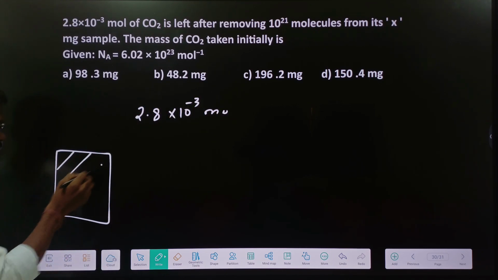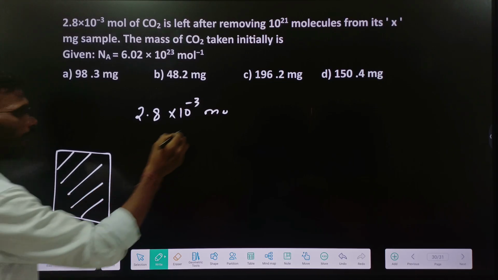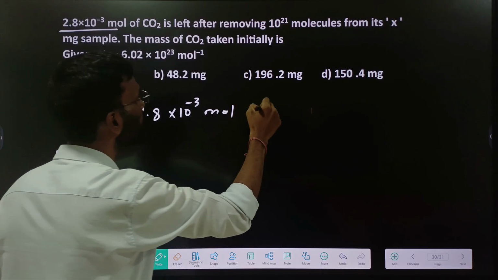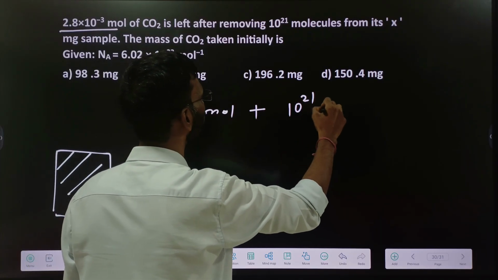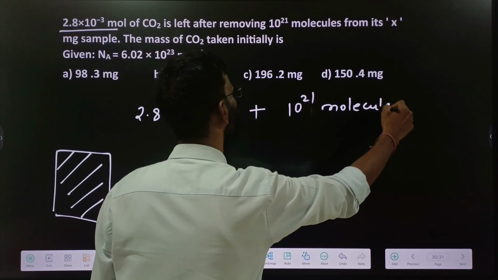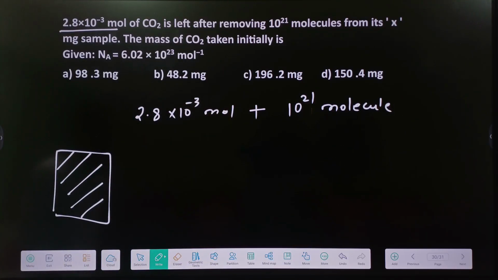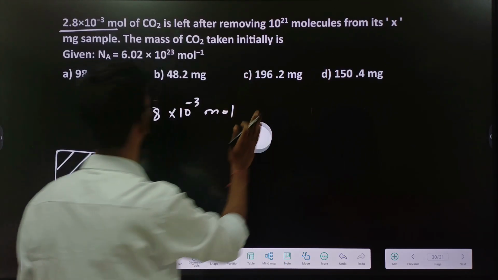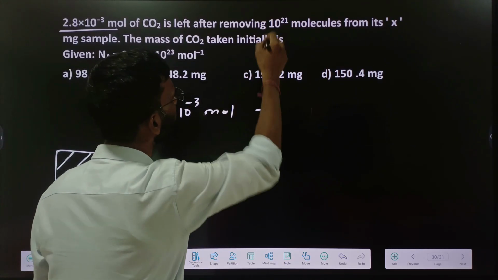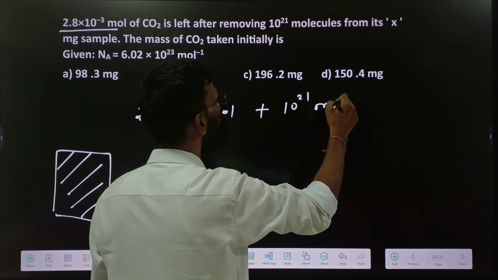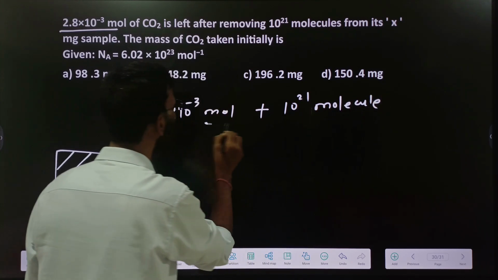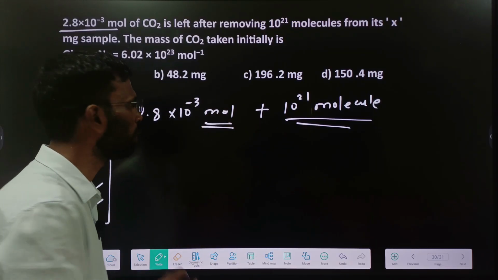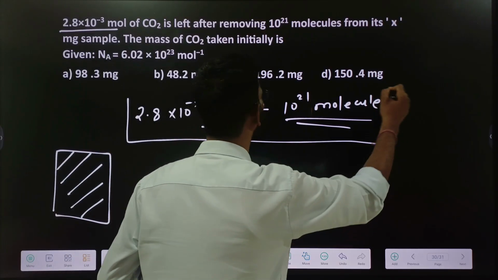Let's say this is your carbon sample, and this much is left after removing 10 raised to 21 molecules. Over here, this is in moles and this is in molecules. If I convert these molecules to mole, I will get the total number of moles in the initial sample.